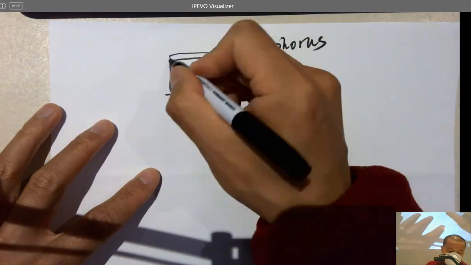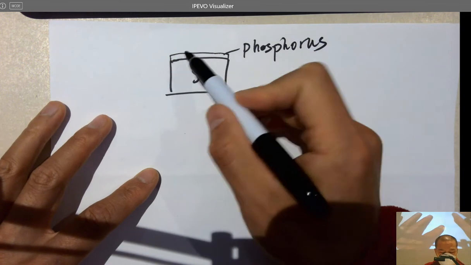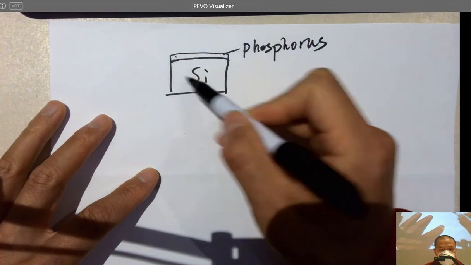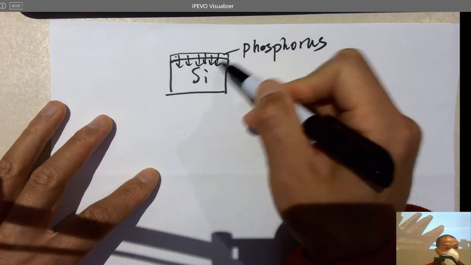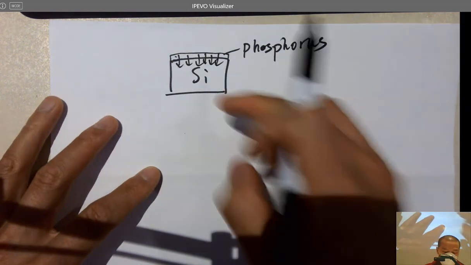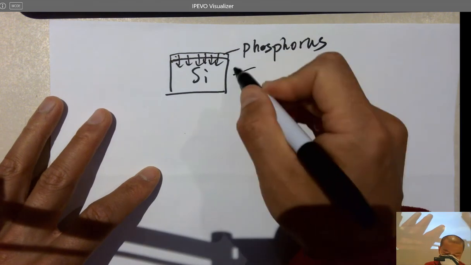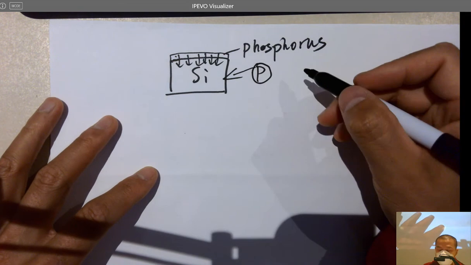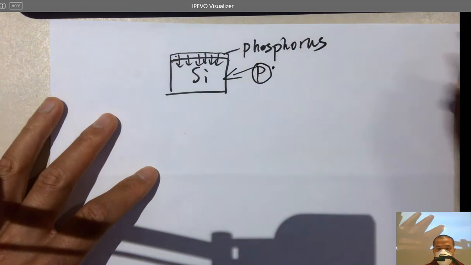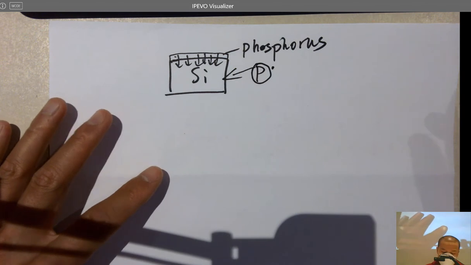So the material, because of the concentration gradient, because you'll have more phosphorus here and none of them here, it's going to diffuse into the silicon. Right? So this silicon becomes a doped silicon. So every phosphorus atom is going to bring one free electron to the silicon.